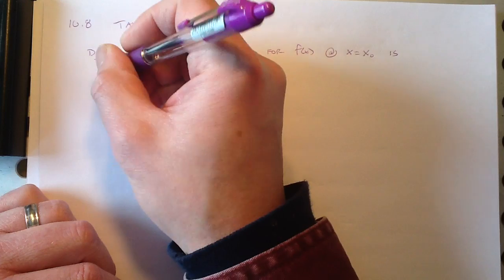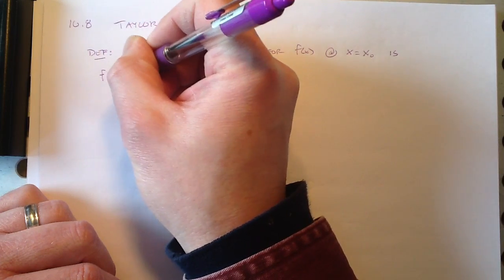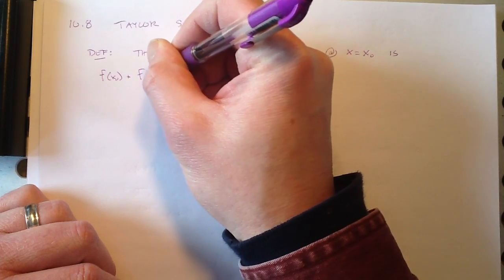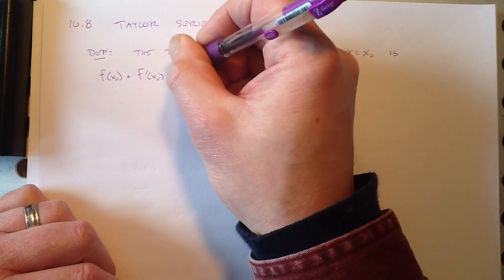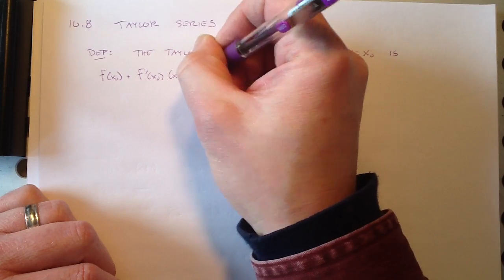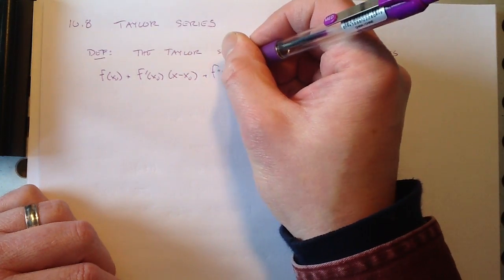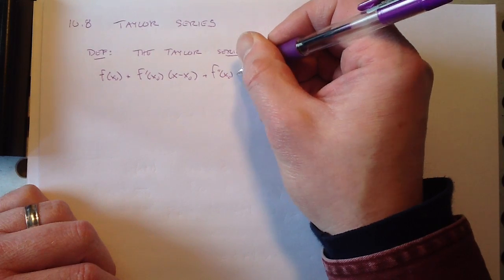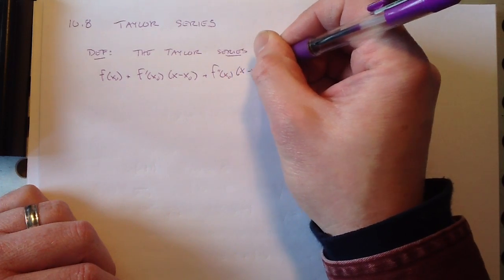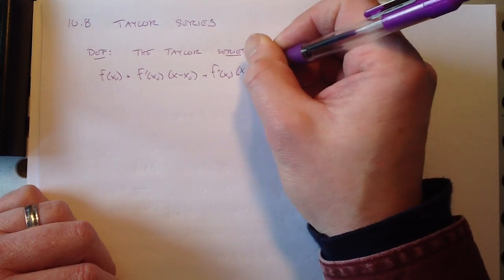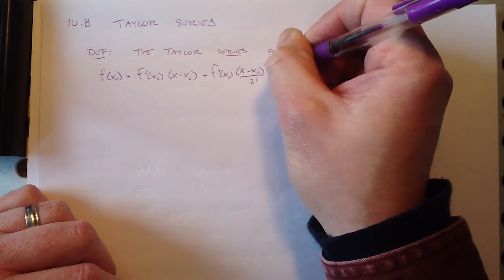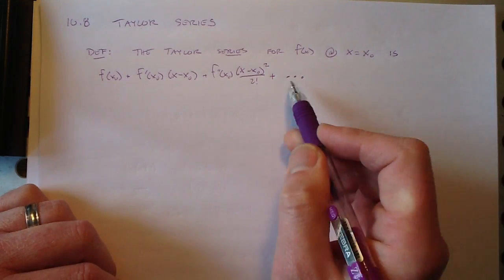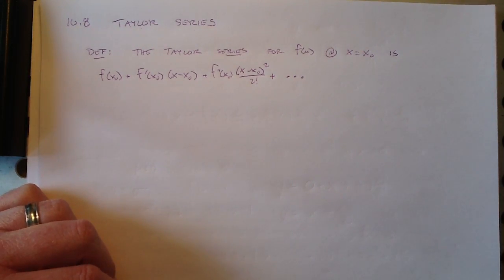We have the function itself at x sub 0. This is the same recipe from last section, plus the derivative at that point times x minus x sub 0, plus the second derivative at x sub 0 times x minus x sub 0 squared over 2 factorial, plus, and then dot dot dot, and instead of going up to the nth, it's dot dot dot forever.